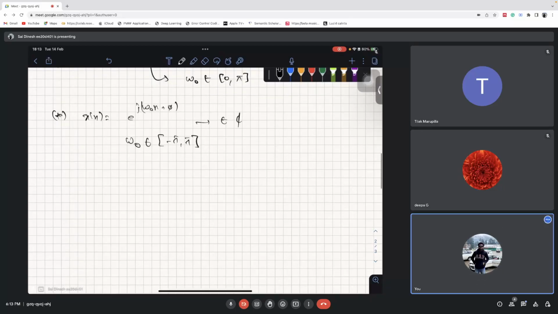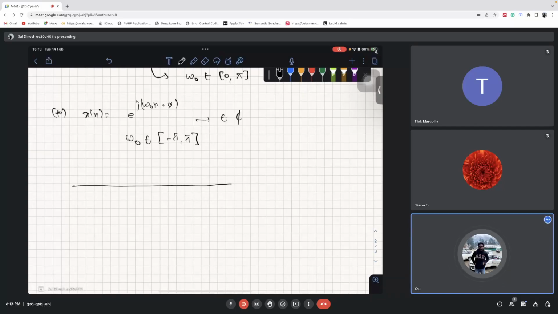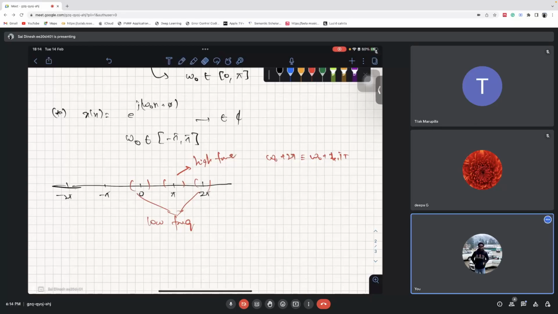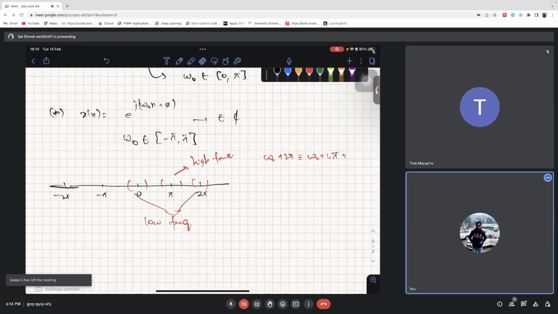And if we look at the frequency domain, 0, pi, 2 pi, minus pi, minus 2 pi, this range is the high frequency range and these two are the low frequency range, right? And omega naught plus 2 pi equals omega naught plus 4 pi, and so on. So this is for the low frequency and high frequency signals.